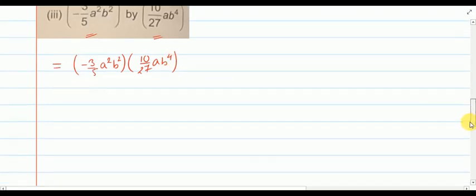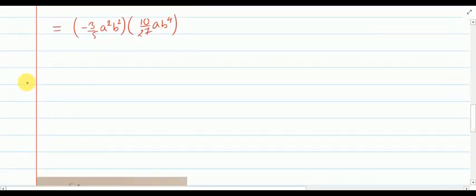Done. Now what we'll do, we'll write the numerical coefficients together. So I get -3 upon 5 into 10 upon 27. Then these literal variables, literal coefficients.